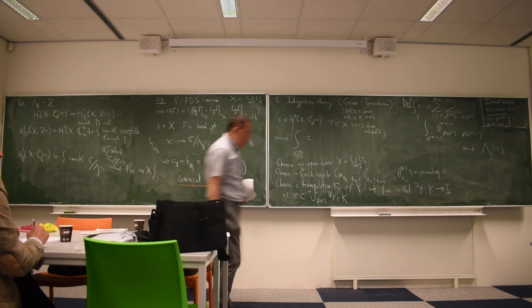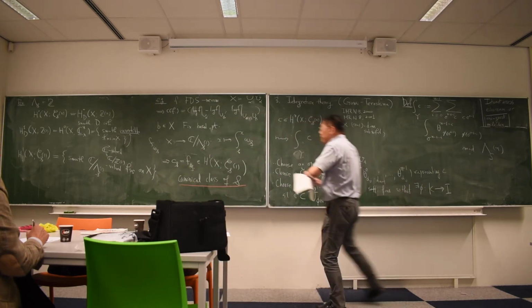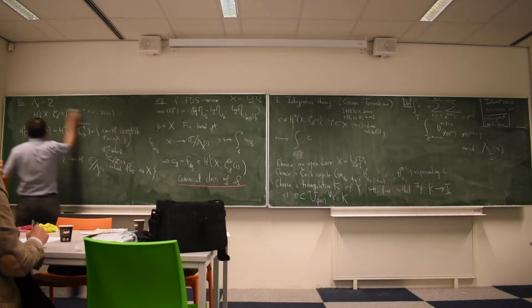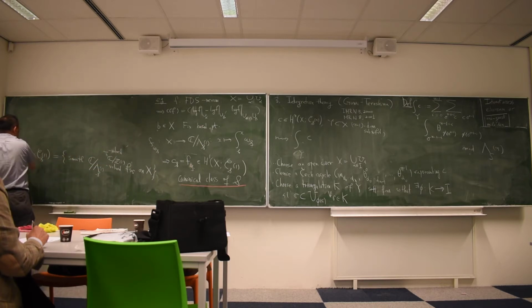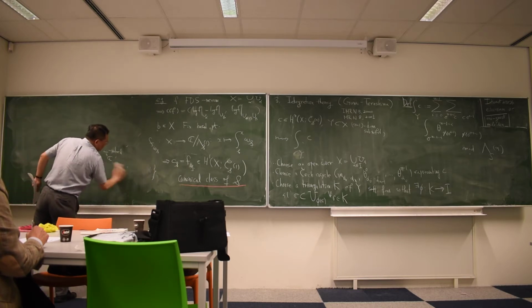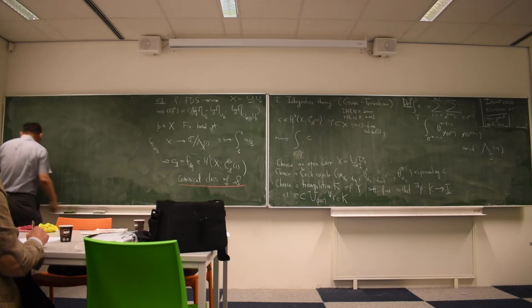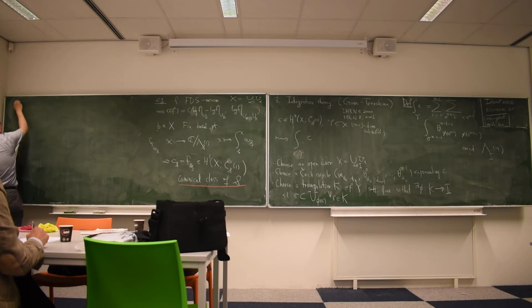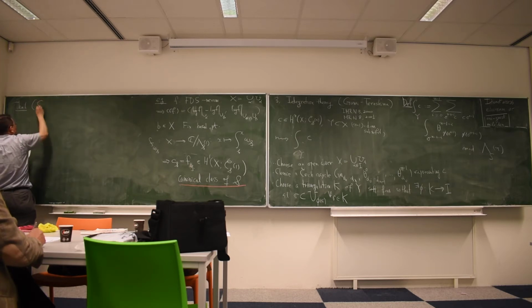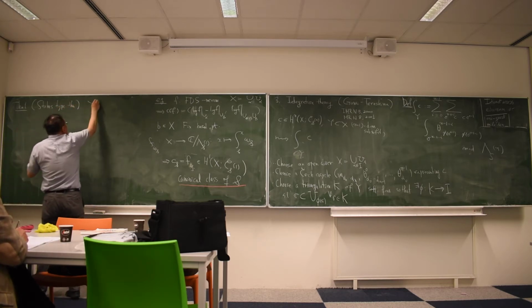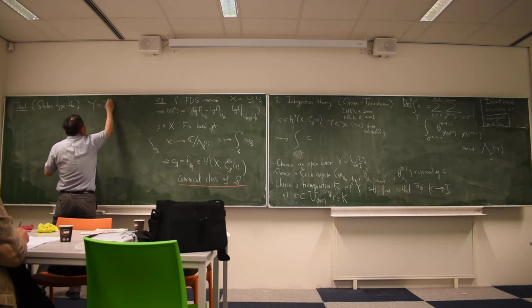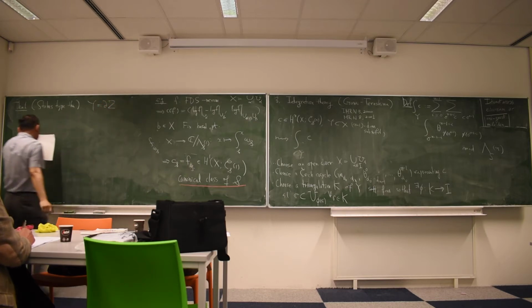Then the important theorem for us is the following Stokes theorem, proved by Gomi and Terashima. Theorem 1: this is a Stokes type theorem. Suppose Y is the boundary of the n-dimensional manifold Z. Okay?